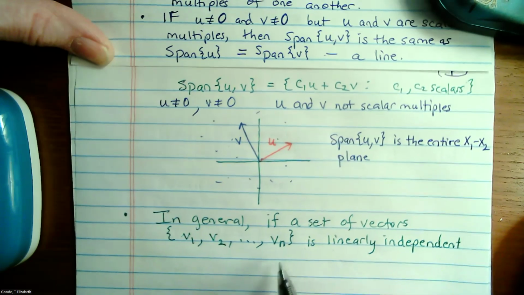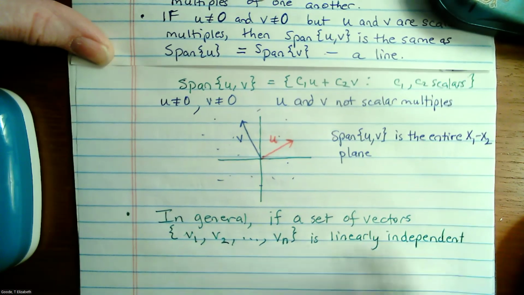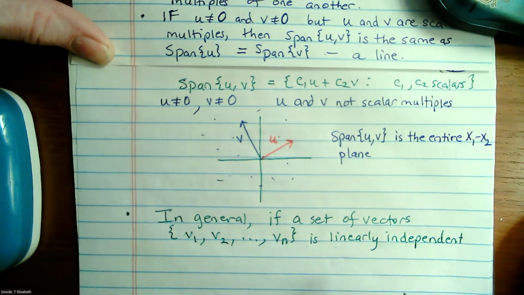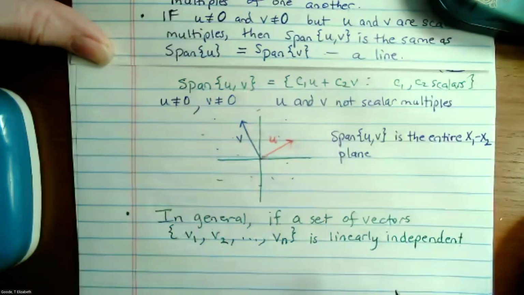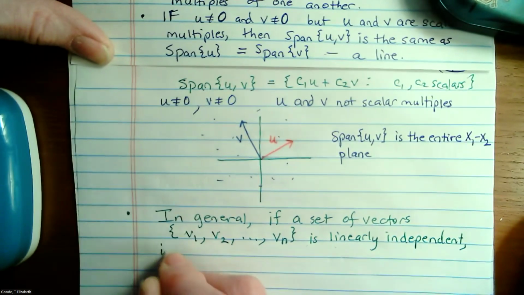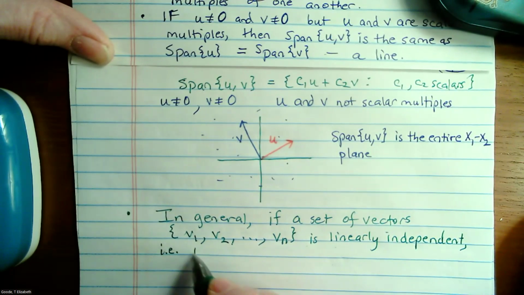Okay, there's no linear dependency relation. Do you remember the definition of linearly independent? I don't remember the exact definition, but all right, I'm going to give it to you.